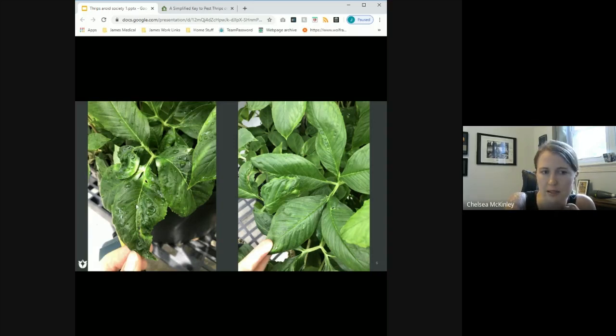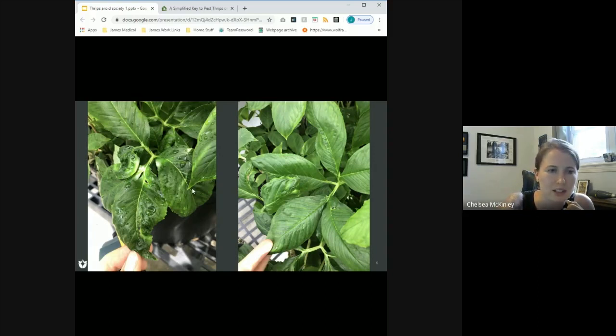What happens is the thrips are feeding on it when it's really young. They're damaging all these cells, and then when the plant tries to expand and continue growing that leaf, all the cells that got damaged when the leaf was really young, whether in the bud or right after it emerged, aren't able to expand properly, or they're dead, so the leaf just distorts and possibly has some holes.